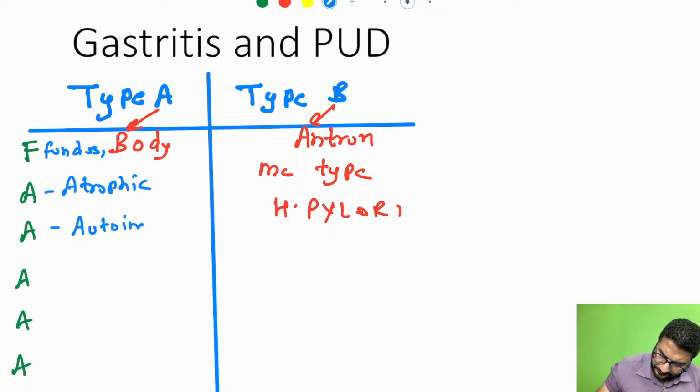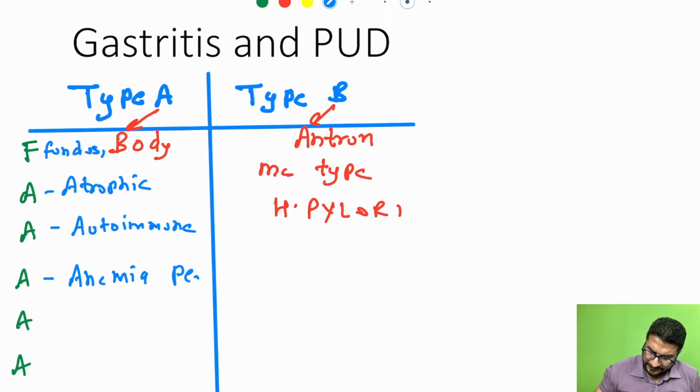A is for autoimmune. You will find antibodies. Autoimmune means there should be antibodies, and the antibodies will destroy parietal cells. Once parietal cells are destroyed, pernicious anemia can develop. Parietal cells produce intrinsic factor, and intrinsic factor takes B12 to the terminal ileum.